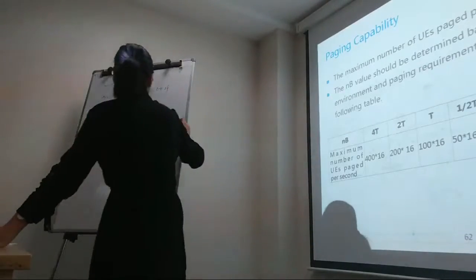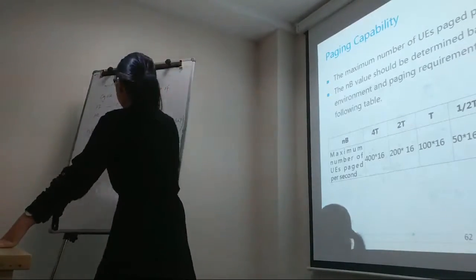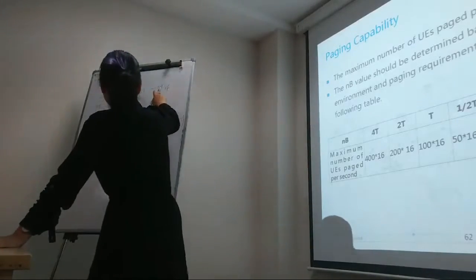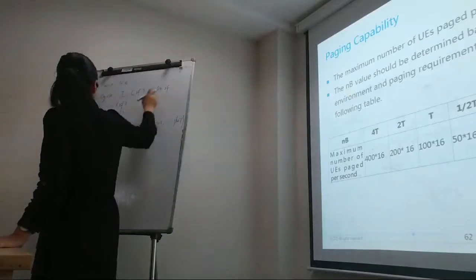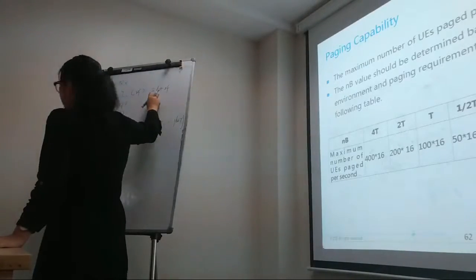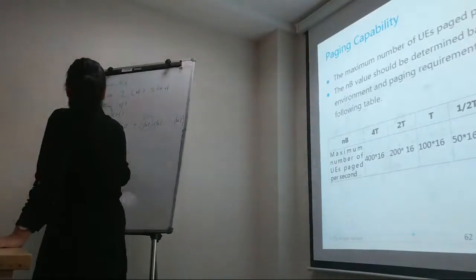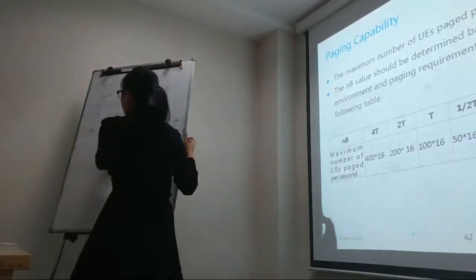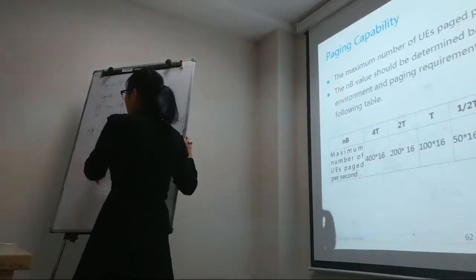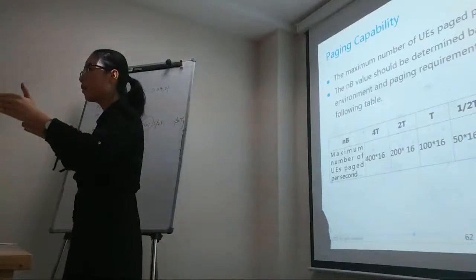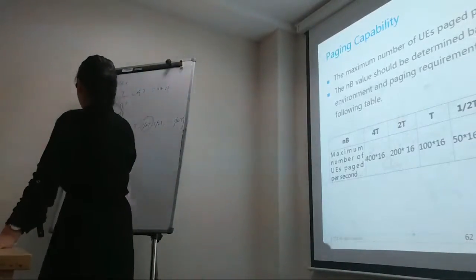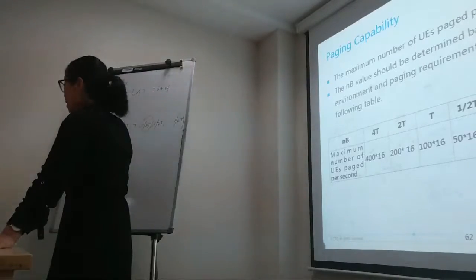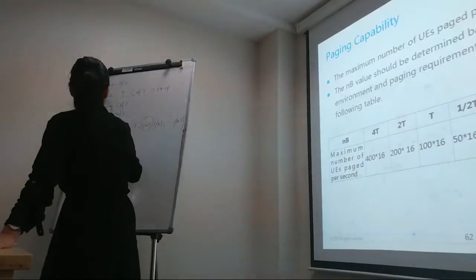If I set half T, for example, here T is 64 radio frames. So for nB, if T is set to 64 and I set this value to 4T, that means during this time, how many POs can I transmit? 4 times 64.